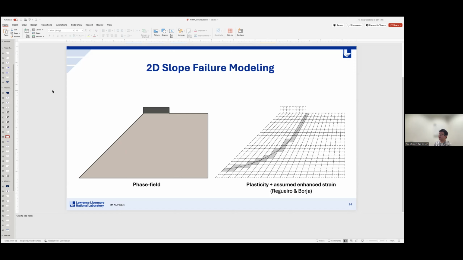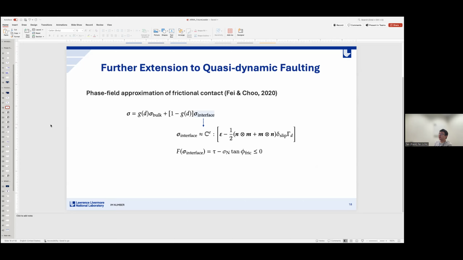I think it depends on how you modify the elastic stiffness tensor. For the original phase field model, it degrades all the components of the elastic stiffness tensor. But for some phase field models, including my own shear fracture models, I only degrade some parts of the elastic stiffness tensor to retain this normal compliance, like you said.